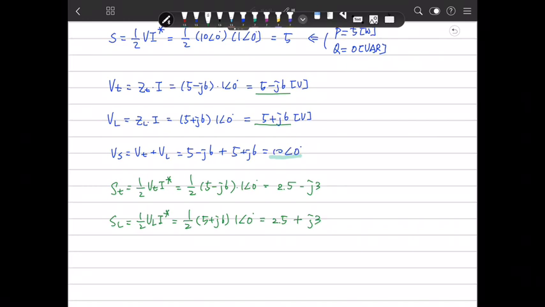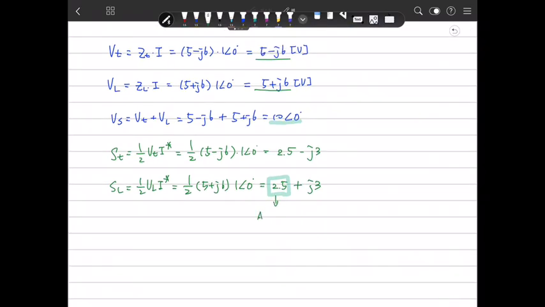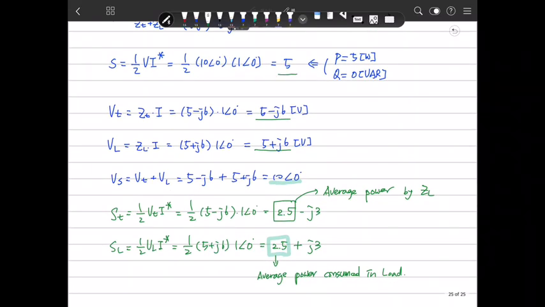So that value is the average power consumed in the load, and the other is the average power consumed by the transmission line. The source supports the 5 watt.